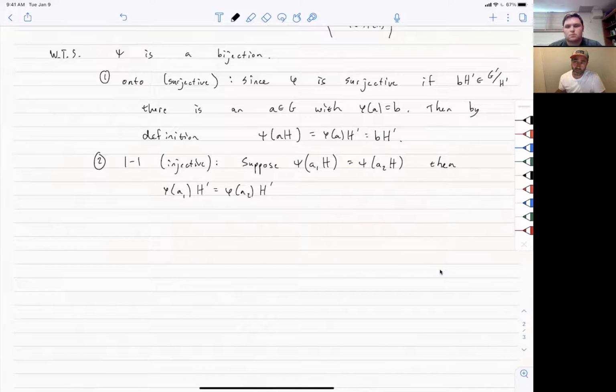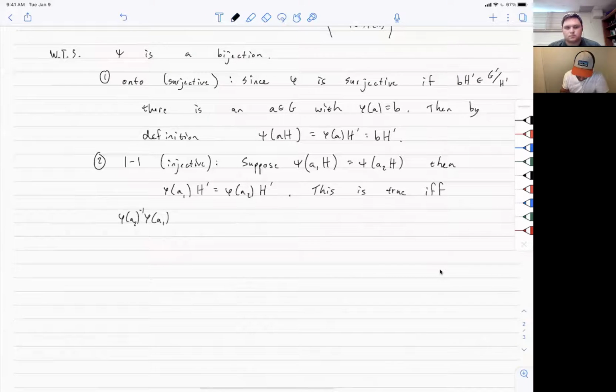If people don't remember that, they should check the book, but this is true. So this is true in G prime if and only if, oops, not the inverse, pardon me.